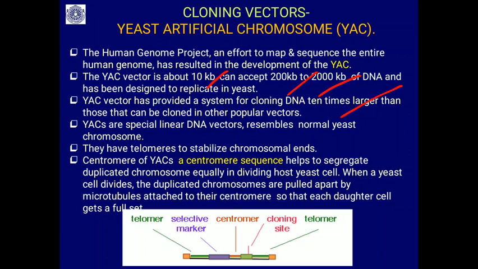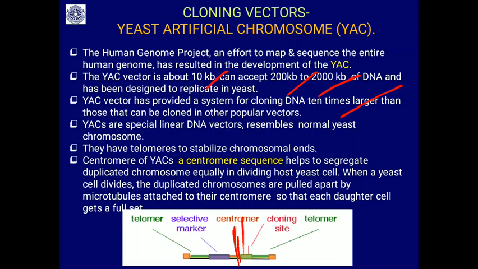When a yeast cell divides, the duplicated chromosomes are pulled apart by microtubules attached to this centromere, and they migrate to the different daughter cells. All this you have studied.